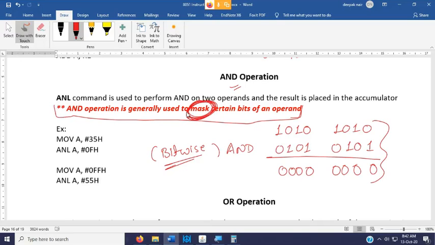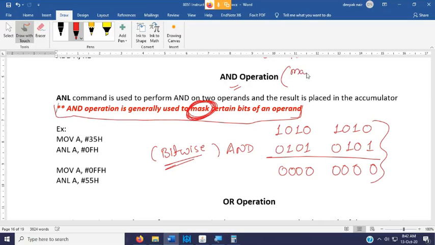Mask means we can forcefully make them 0. I can forcefully make a particular bit 0 by using the AND operation. So you can remember it like this.